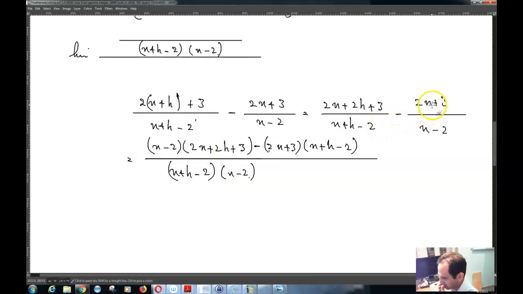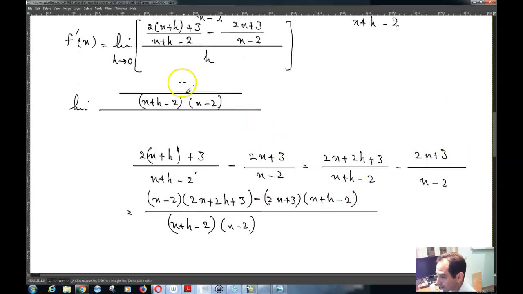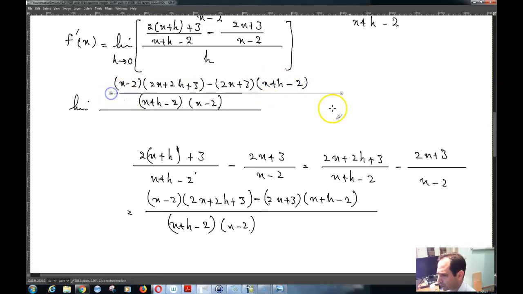So I have x minus 2 times 2x plus 2h plus 3 minus 2x plus 3 times x plus h minus 2, and divide that by h as h tends to 0.